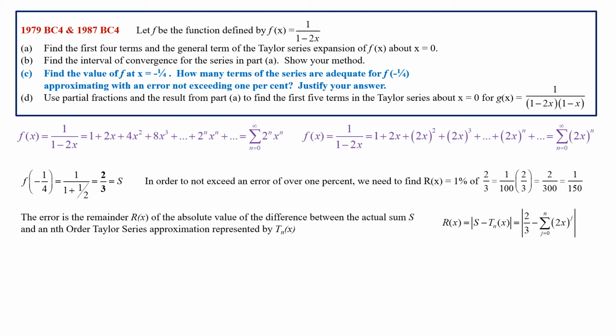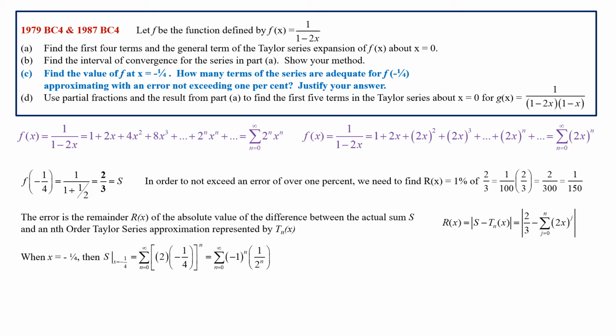Okay, now how are we going to get to that stage? Well, first off, it would really help to understand that we are dealing with x equaling negative 1/4. And so if we actually plug that back into one of our sigma notations and go 2 times negative 1/4 and take that quantity and raise it to the n, you can rewrite the sigma notation specifically when x is negative 1/4 as the summation from n equals 0 to infinity of negative 1 to the n, remember that, times 1 over 2 raised to the n.